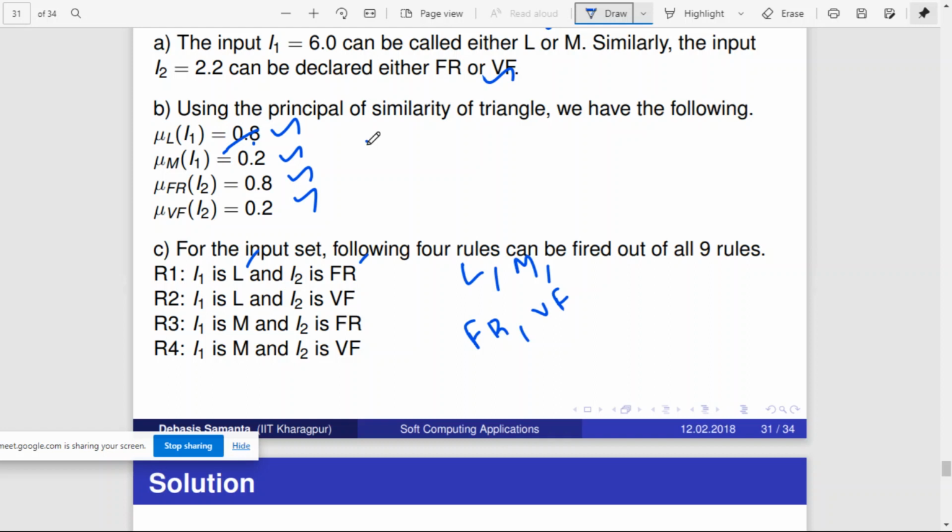The membership value is 0.2, and the strength is 0.16. R3 is connected with M and F4. Similarly, R4 is connected with M and VF. What is its score?